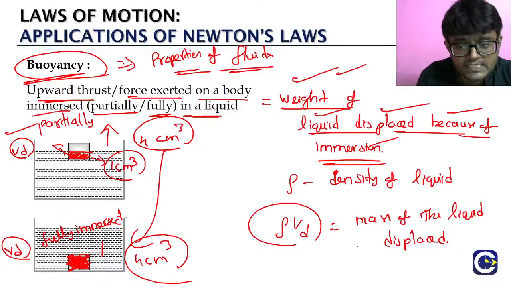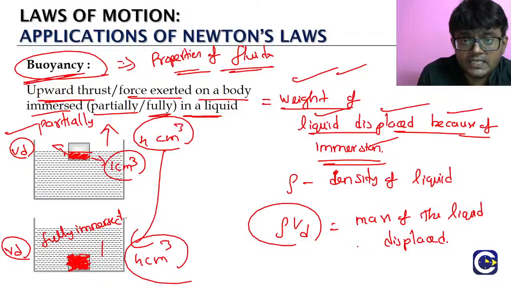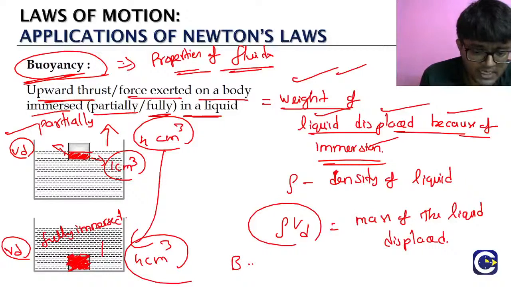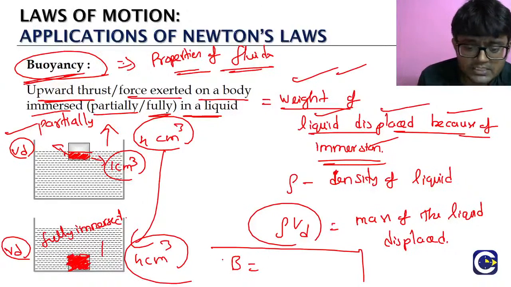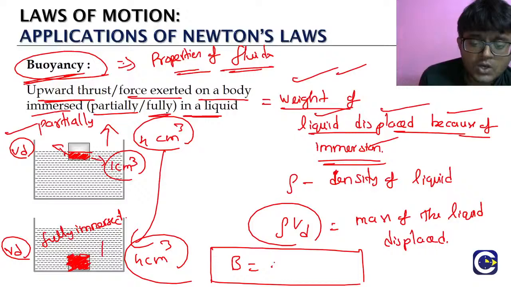Mass of the liquid displaced. But we need the weight of the liquid displaced. Weight is the mass of the object times acceleration due to gravity. So finally we got the value of buoyancy. The buoyancy force is equal to rho into Vd into g.